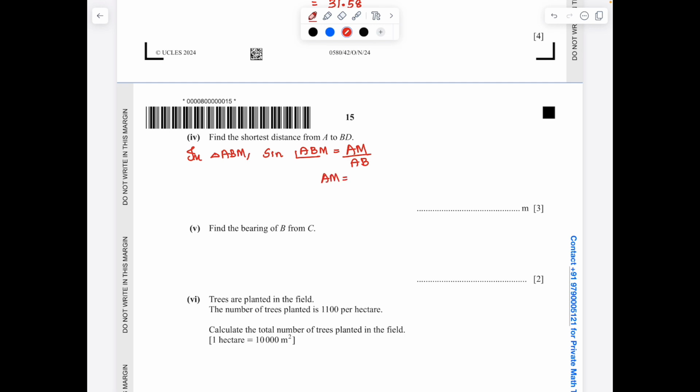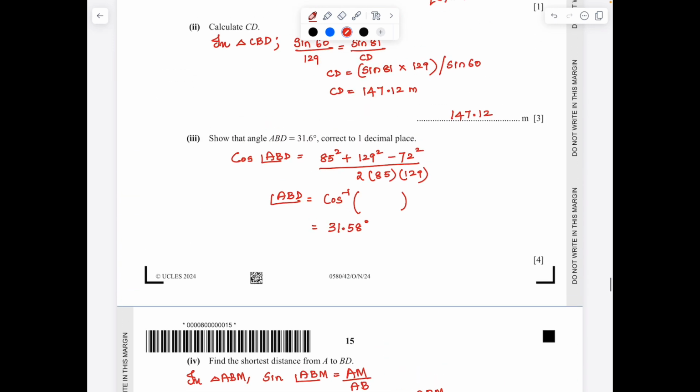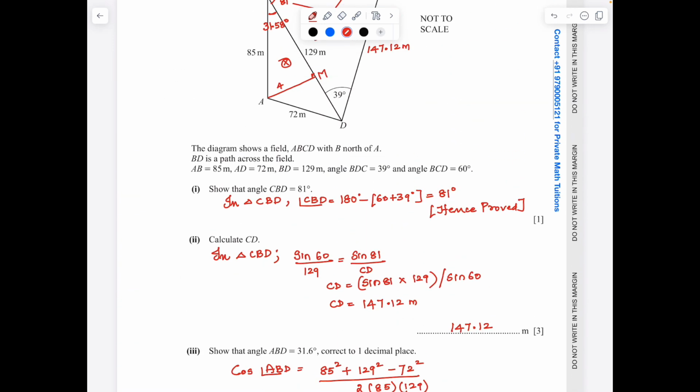So AM is equal to AB times sine angle ABM, which is 85 times sine 31.58, which gives us 44.51 meters. This is the perpendicular, 44.51.